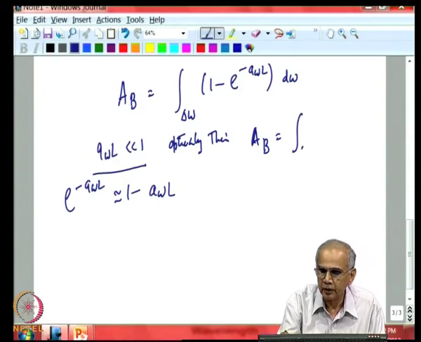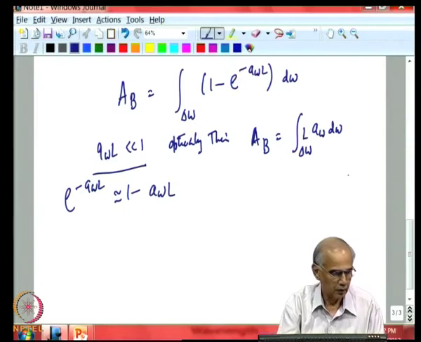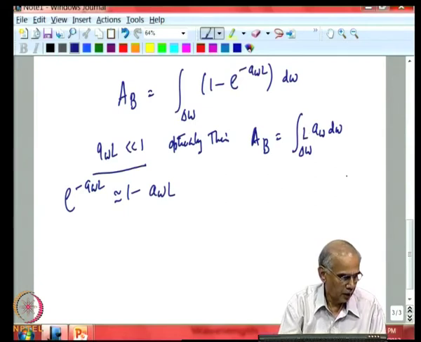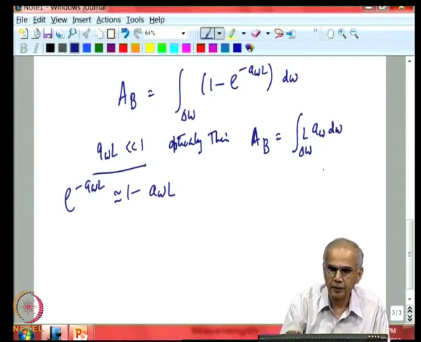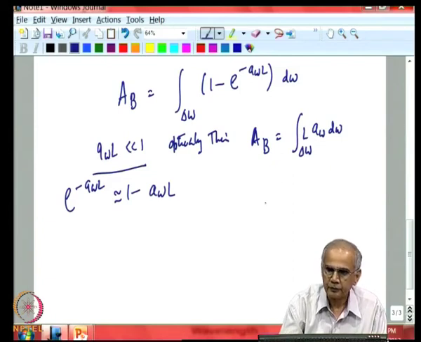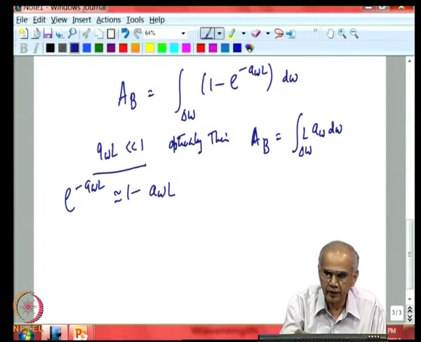So, this becomes nothing but the integral over delta omega of a_omega d omega into L. And normally, the way this has been written is in terms of the length scale of the gas, but normal practice is to define an absorption coefficient, so let me rewrite this.